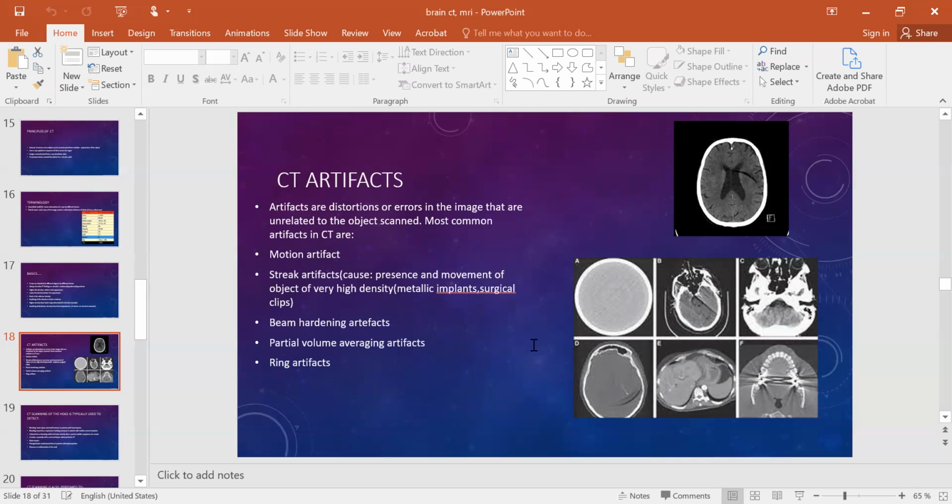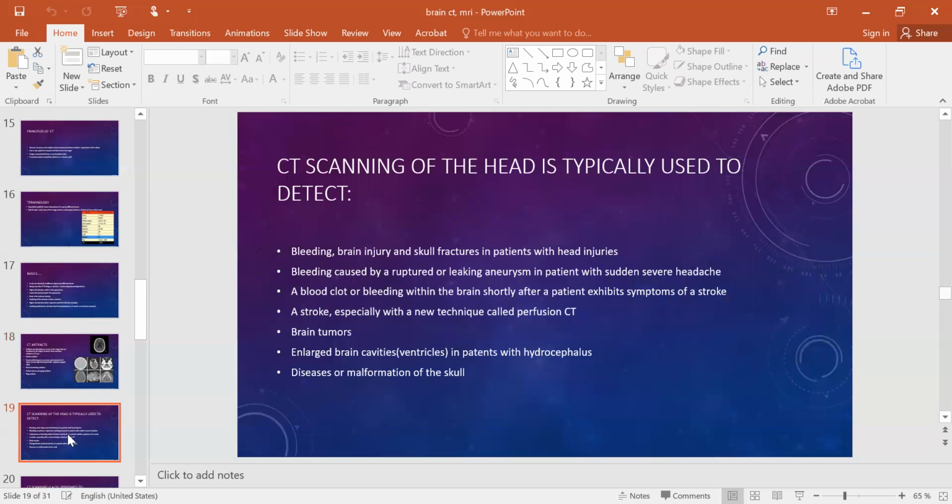Sometimes these artifacts may simulate a mass or a different kind of disorder. For example, here we have artifacts. What makes errors in the image we call artifacts. For example, metallic implants and surgical clips can often cause artifacts on computed tomography.